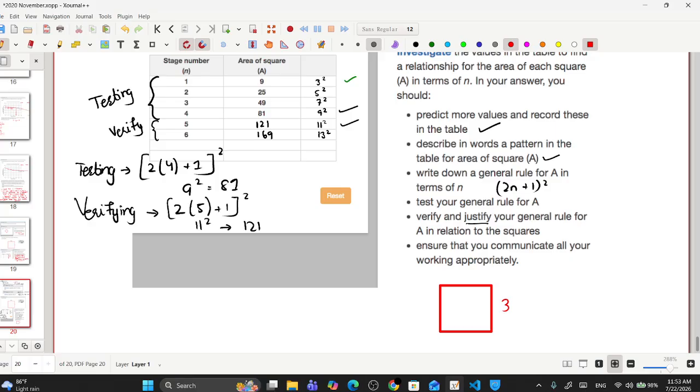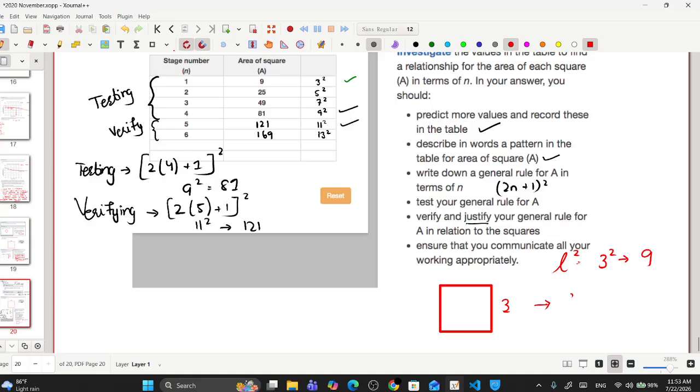If this is the length of the square, what would be the area of the square? It's a very straightforward question. We know that area of a square is given by the formula L squared, right? If the value of L is 3, isn't the area supposed to be positive 9?